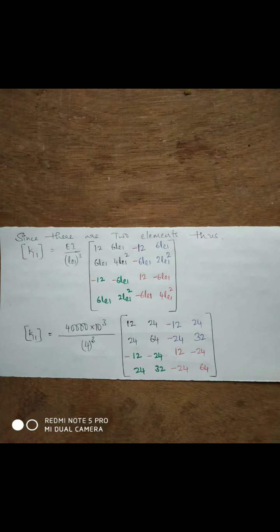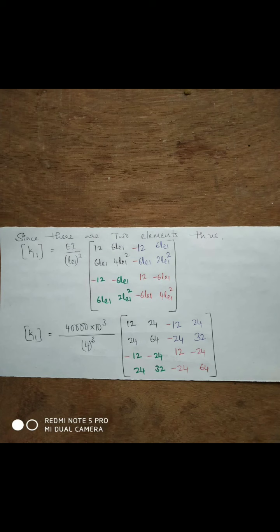Next, when you substitute the value of LE1 as 4, you concentrate on only the first 4 numbers which are written in black color. That is 12, 4LE1 square, 6LE1, 6LE1. After substituting LE1 as 4, first number there is no difference, simply write it down as 12.